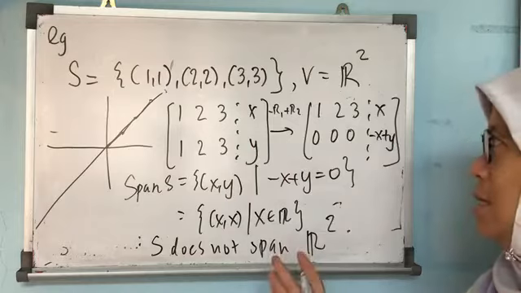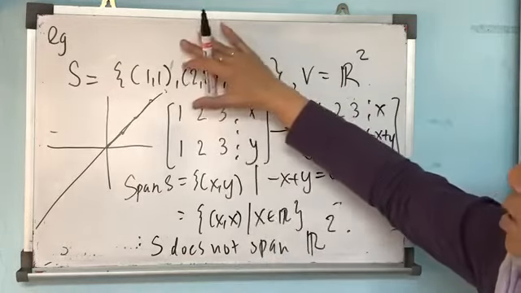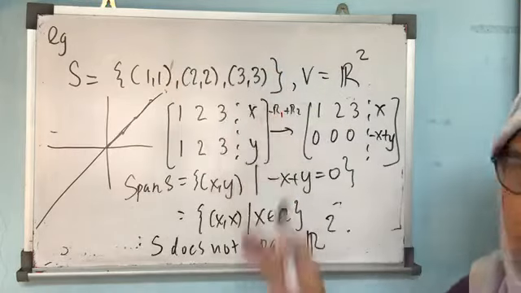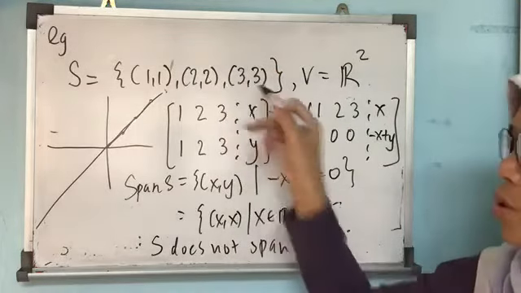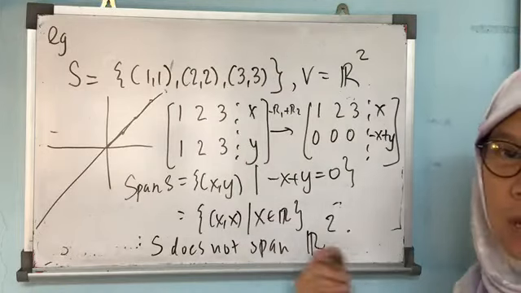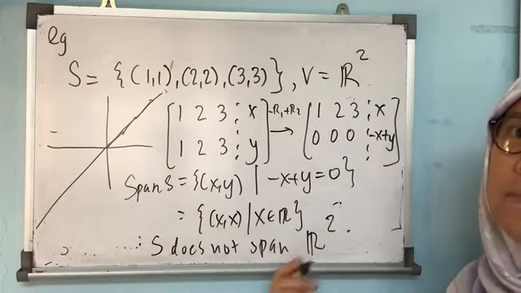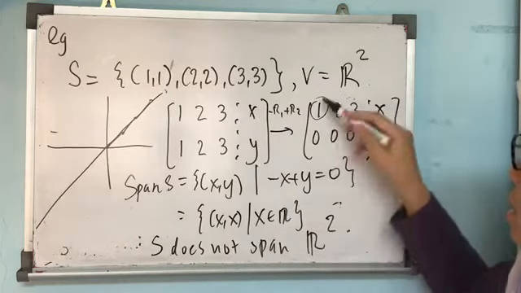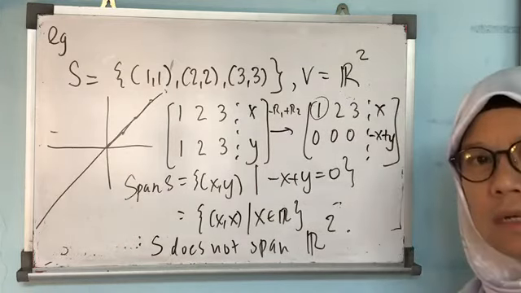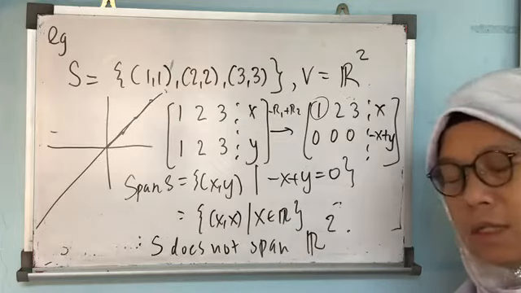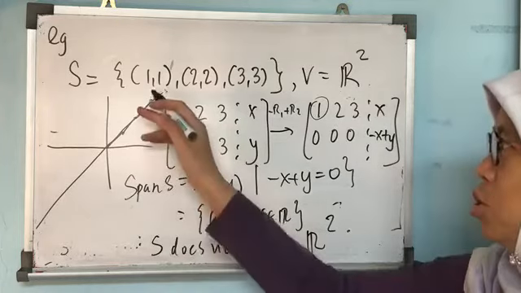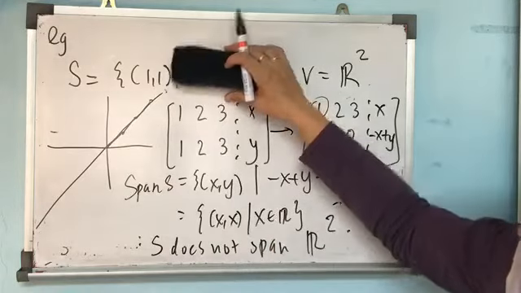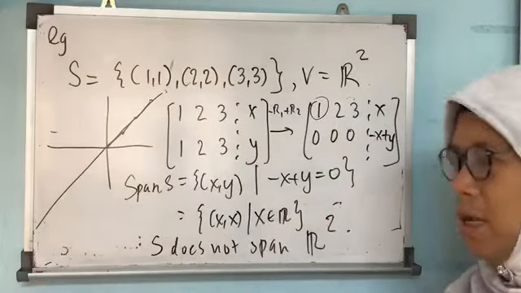So in this case, you don't need these two. Even if you erase these two, you still get that line. So there is no use of these two. In our next section, they will ask what is the basis. The basis is just the column that has the leading one, which is just one vector. So you will say this is the basis, because you don't need these two. They will just give you the same line.